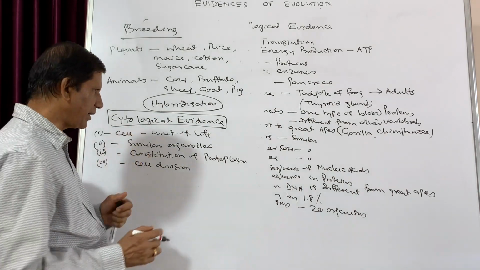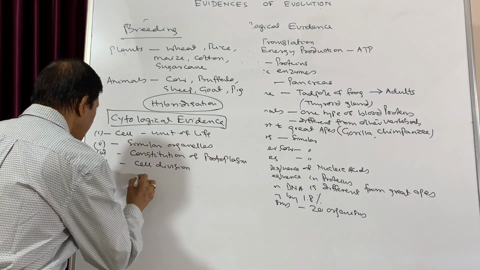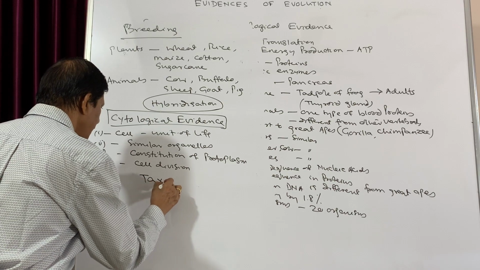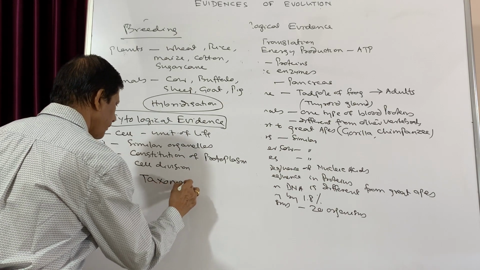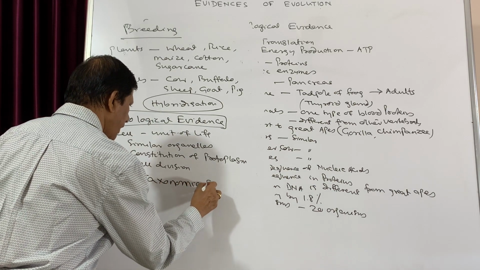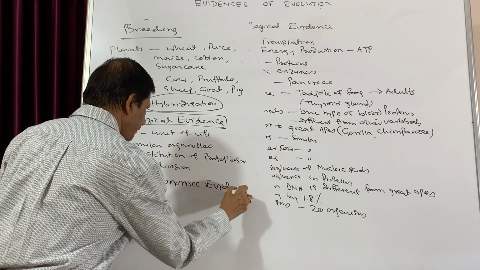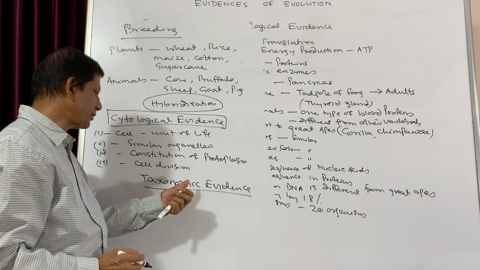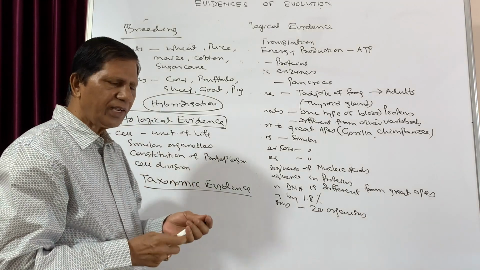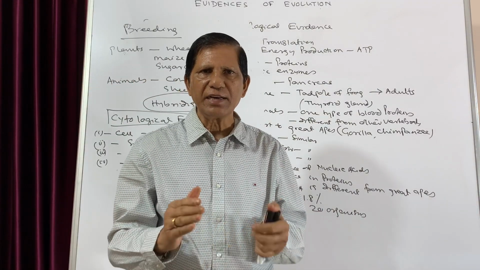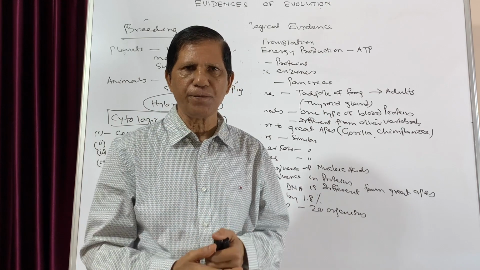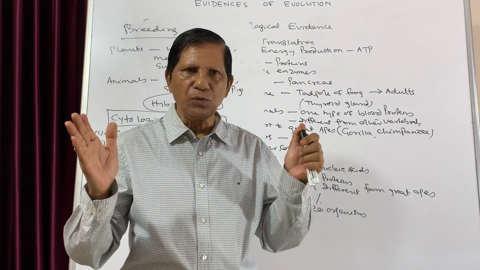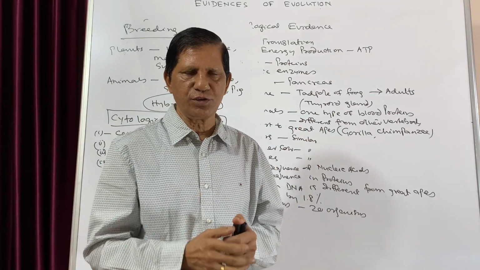Then we will give another last evidence, that is taxonomic evidence. Evolution is also based on the evidence from taxonomy. In taxonomy, there are several taxonomic groups. The lowest is species.